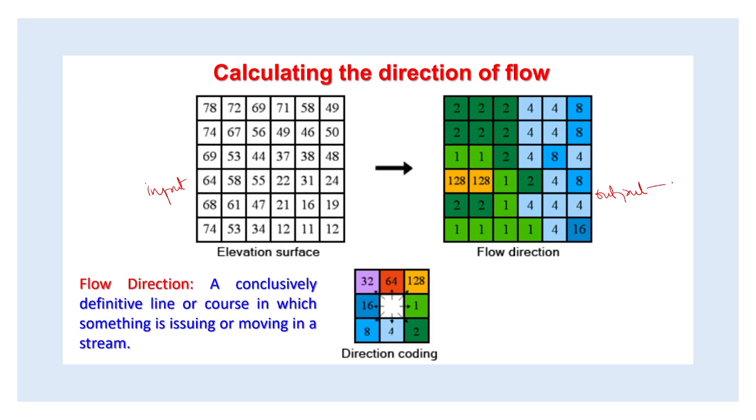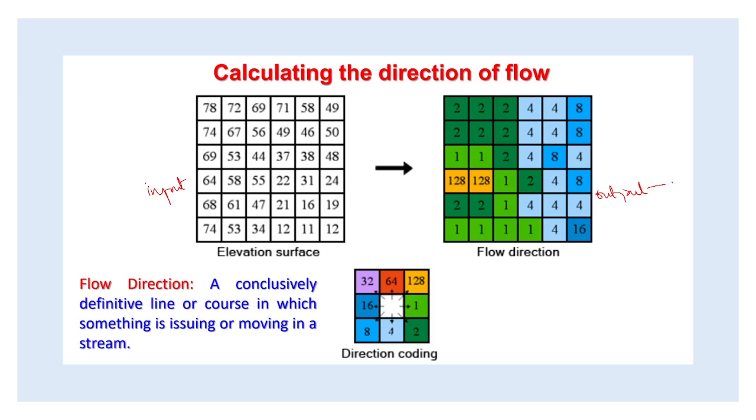It is a definite line or course in which something is moving in a stream, basically the direction in which the flow is happening. So we have a 3 by 3 kernel window over here. This is the direction coding basically.